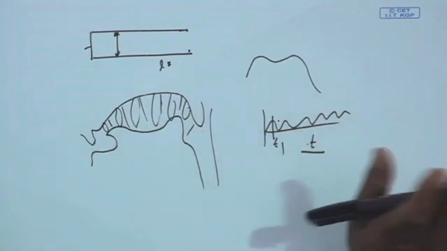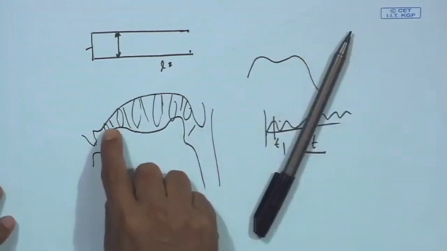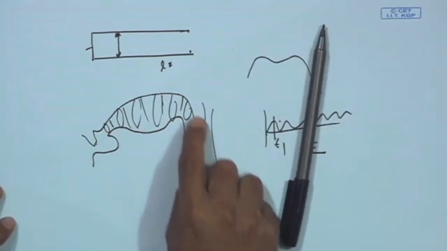So, there are two complexities. One is that the cross sectional area of the tube is not equal at every length.